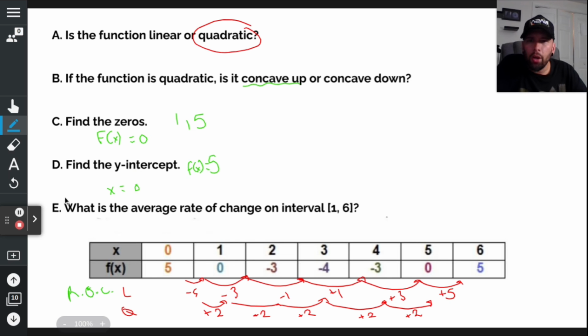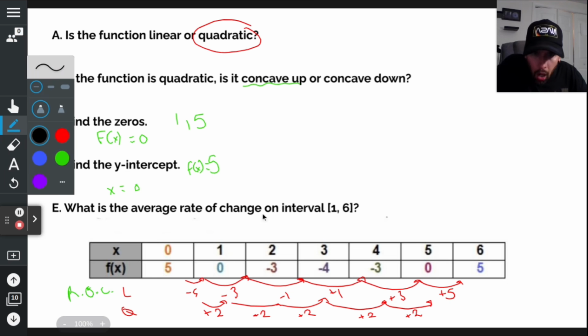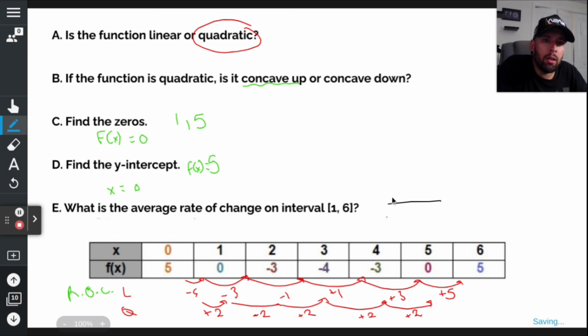What is the average rate of change on interval 1, 6? Well, I'm going to use the formula again: f of b minus f of a over b minus a. That is my interval. So I'm going to call a 1, which means f of a is 0, and I'm going to call b 6, which means f of b is 5.